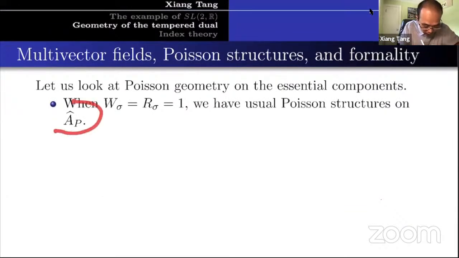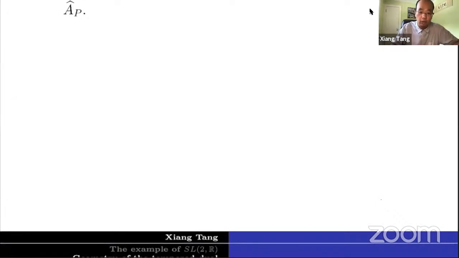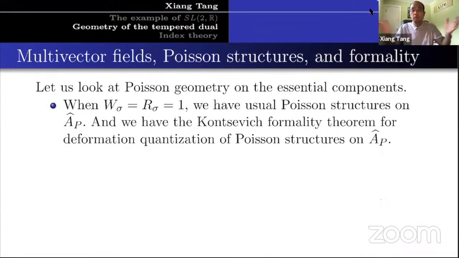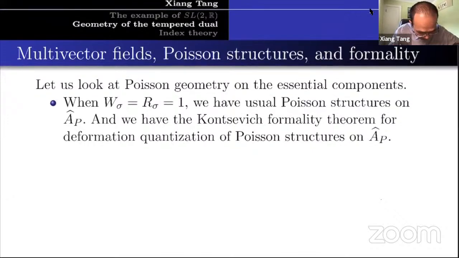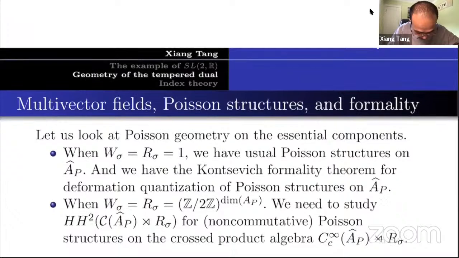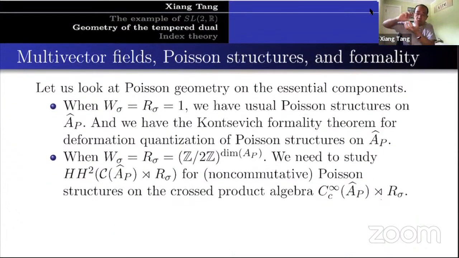It's just a vector space, and we know its Poisson structures. We know formality. We know how to deform the Poisson structures. We know a lot about this. That's the remark for the first part. For the second part, we have non-trivial hyperplane reflections. But interestingly, the number of hyperplane reflections equals the dimension of the space we have.